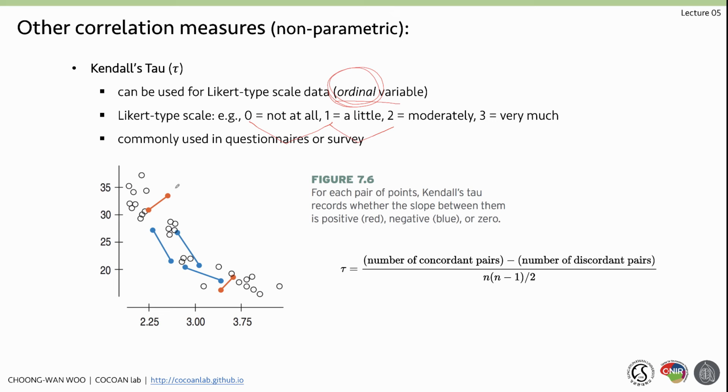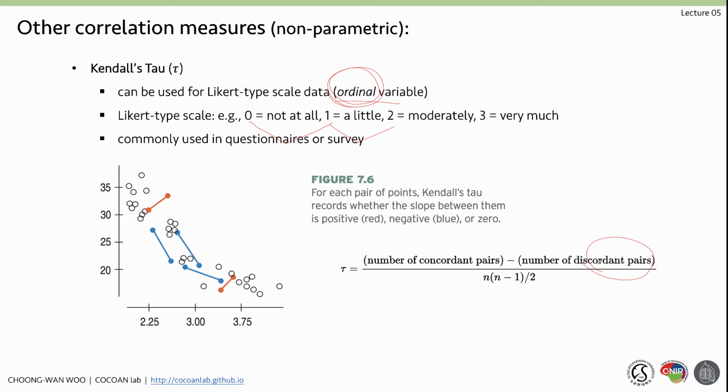And because it tells us only the order, what's larger than the other value, we compare all pairs of the data, and if a pair has this direction, it's a concordant pair, and if it has this negative direction, we call it a discordant pair. By comparing all the possible pairs, we can count the number of concordant pairs and also the number of discordant pairs.